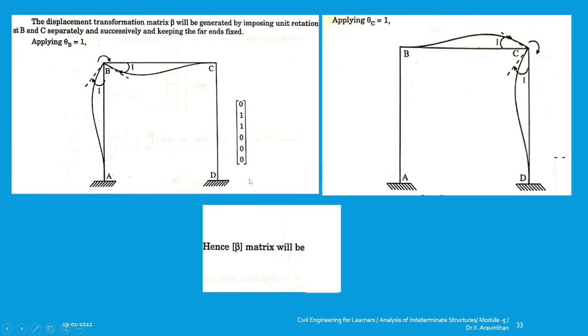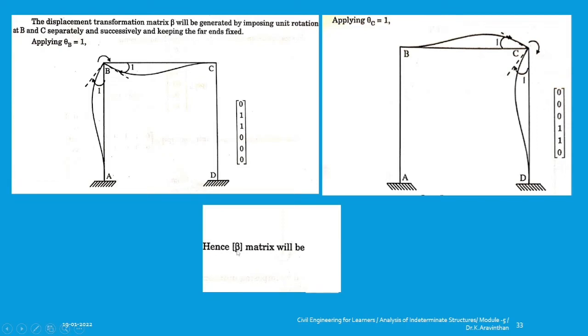So this will be your transformation matrix, and for the next joint, if you apply one moment, you will be getting 0, 0, 0, 1, 1, 0. So these two are your transformation matrix.